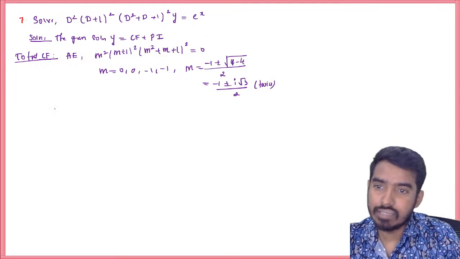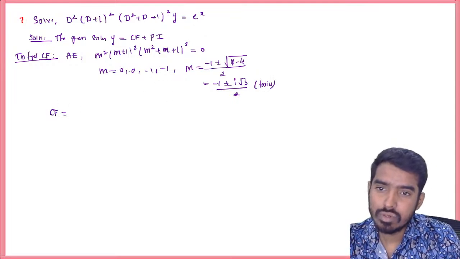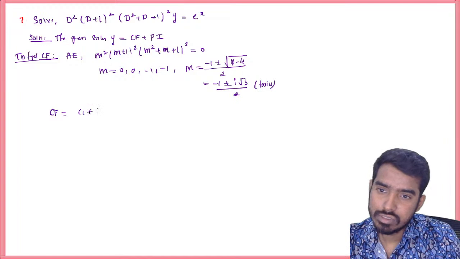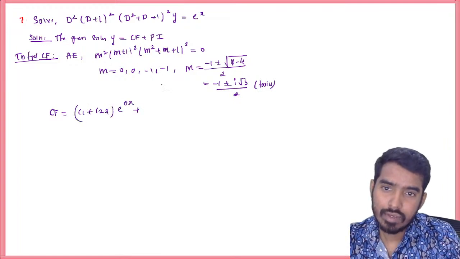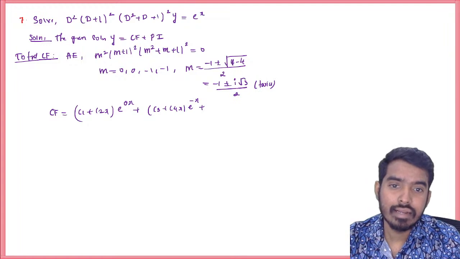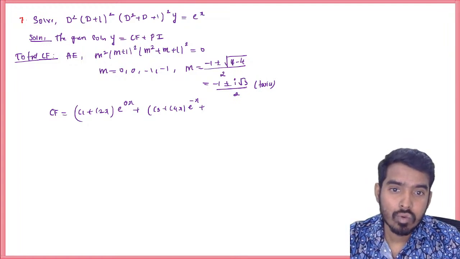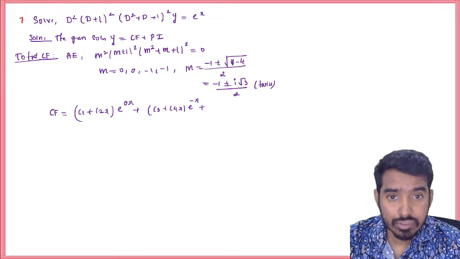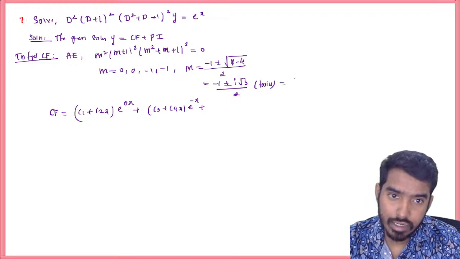So we will get the complementary function now. Here we have two equal roots, so (c1 plus c2x) e power 0x. Again we have two equal roots, (c3 plus c4x) e power minus x. Here we have a pair of complex roots repeated twice, right?